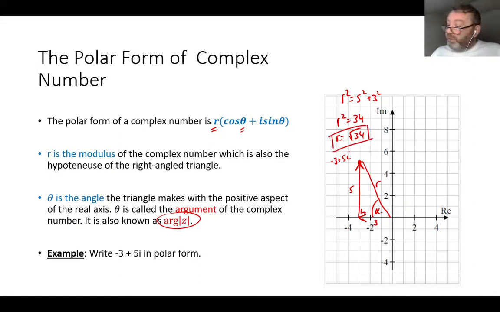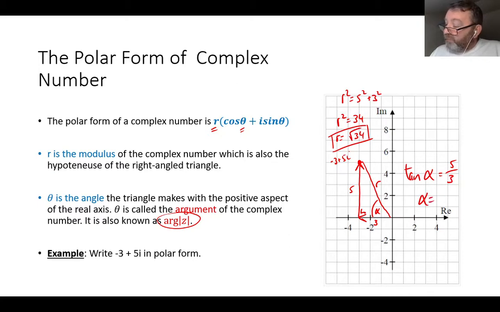And now I have to work out the angle alpha. Now alpha, as we can see already, is in this triangle where 5 and 3 are the opposite and the adjacent. Don't ever use the hypotenuse for this. Always use the opposite and the adjacent, which means if I'm using 5 as the opposite and 3 as the adjacent, I'm using the function tan as the opposite over the adjacent.